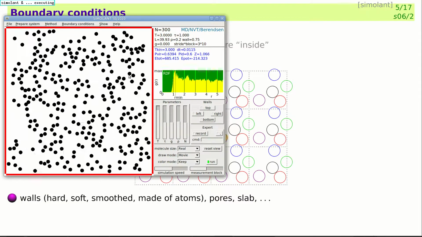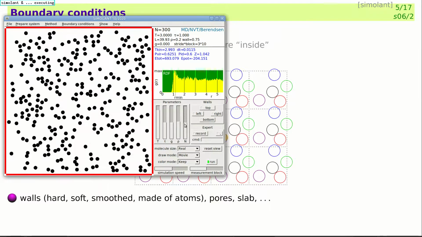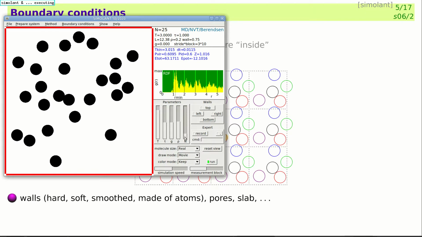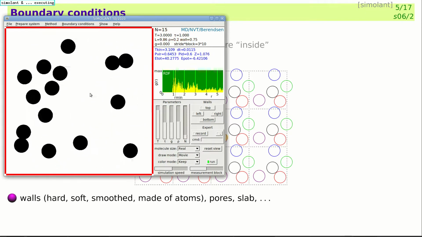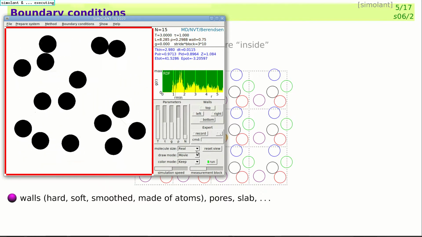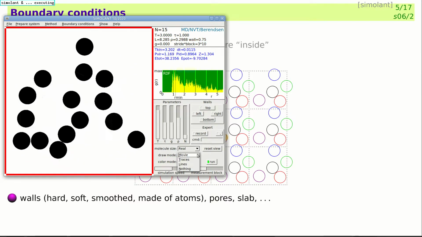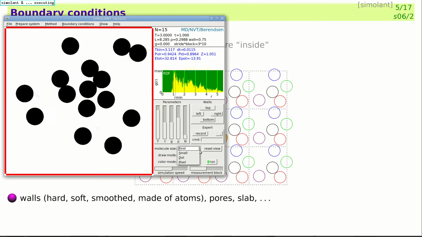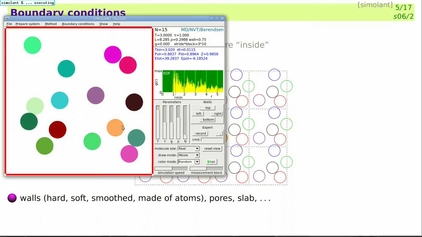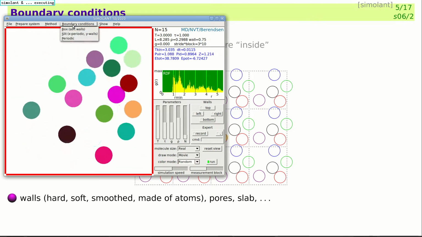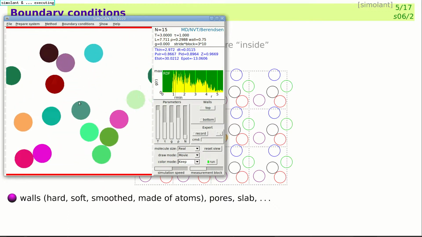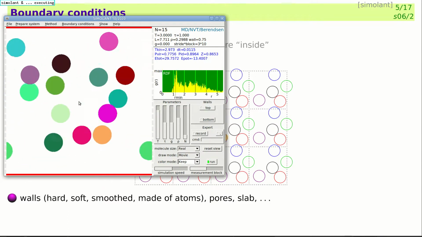Perhaps I will show you this using Simulant. I'll choose a smaller amount of molecules. Now it's still gas in a box, non-periodic. I show you color, I show another color, so I'll start random color, and now I switch to slit boundary conditions that are periodic in one dimension only.